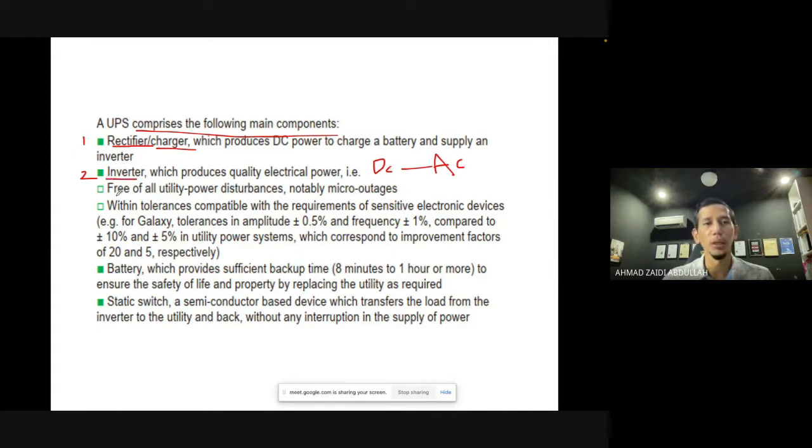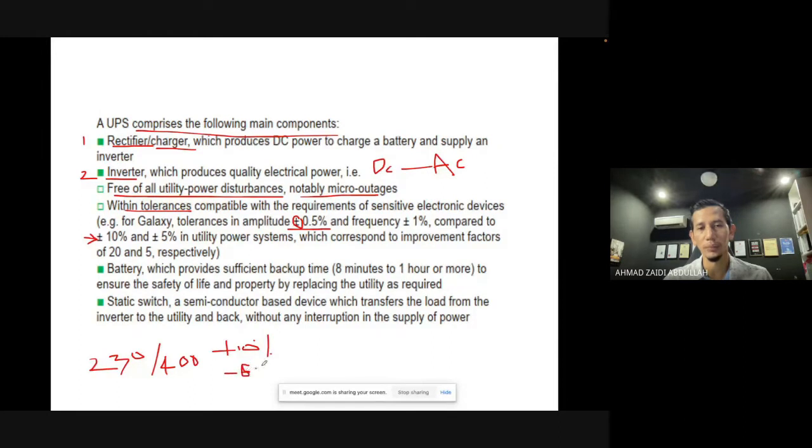Okay, so under inverter we have free of utility disturbance, no notable micro outage, and within tolerance, compatible. So look at this, its tolerance is only plus minus 0.5%. For normal supply, in the Malaysian standard, 230 or 400 volt is plus 10% minus 5% or minus 6%.